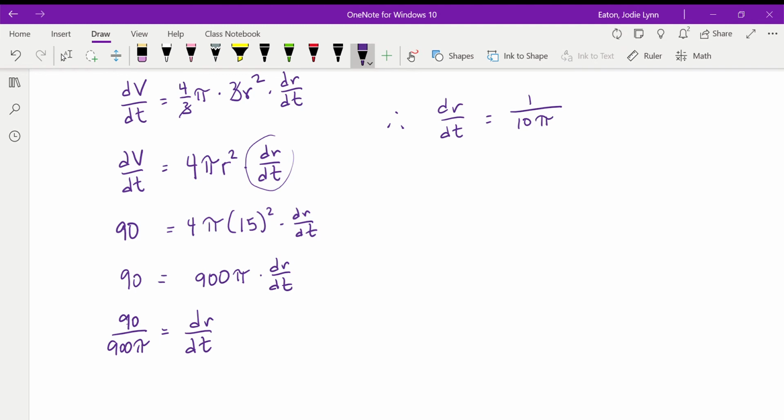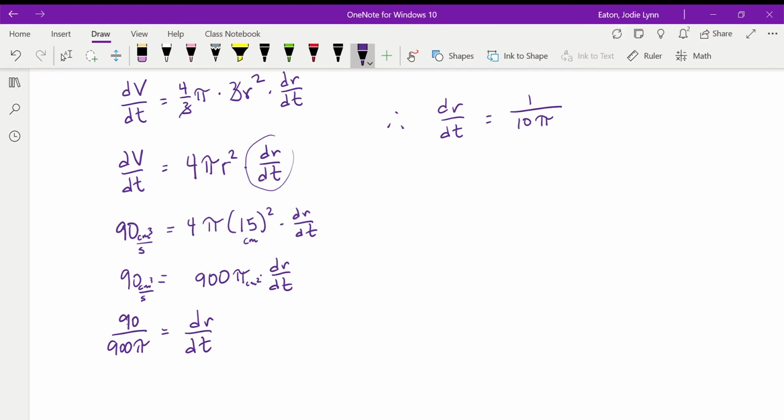What unit will we use? Well, with the 15, this was centimeters, so we have centimeters squared. This is centimeters cubed per second. So if we're dividing by 900 pi centimeters squared, and we have centimeters cubed per second, our final unit is going to end up being centimeters per second, which is exactly what we want because that's how the radius will be changing.